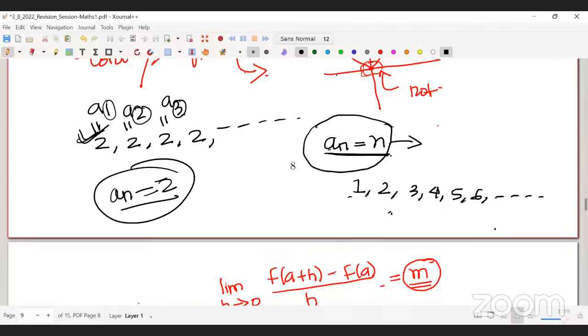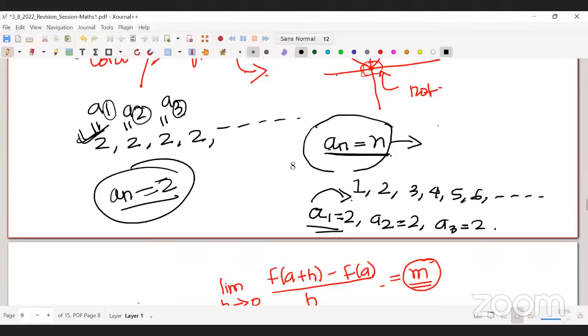But can we make a constant sequence from it? No, a constant sequence is not a subsequence. If you take a1 equal to 2, a2 equal to 2, a3 equal to 3, this is not a subsequence of this sequence. This can't be a subsequence.